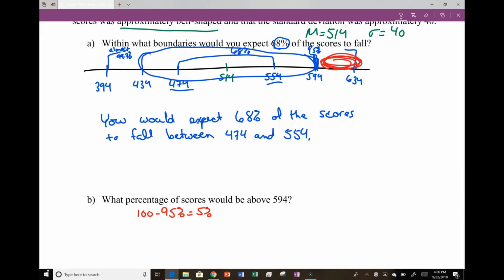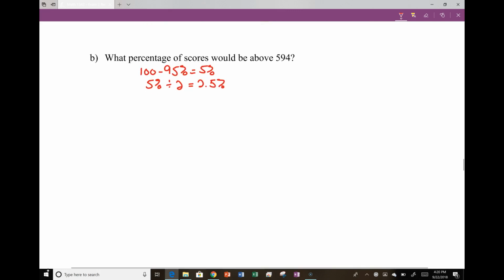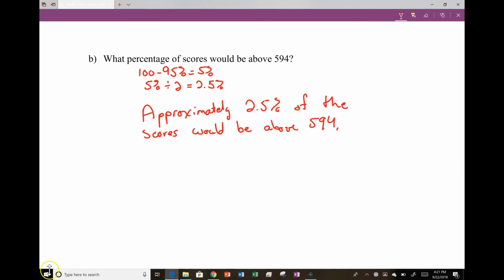That's how much is outside of this region. But I have two tails, so I have to divide that by 2. So 5% divided by 2 gives 2.5%. So this area out here is approximately 2.5%. So approximately 2.5% of the scores would be above 594.